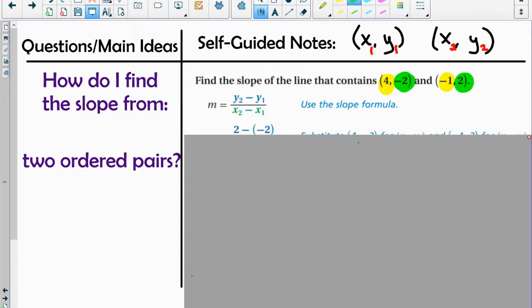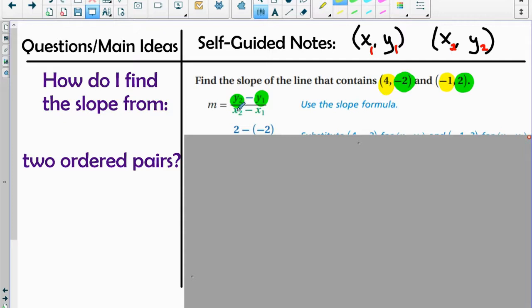It'll look like this when we substitute: +2 minus -2. Notice the subtraction is still there, even when the first y coordinate was a negative number.